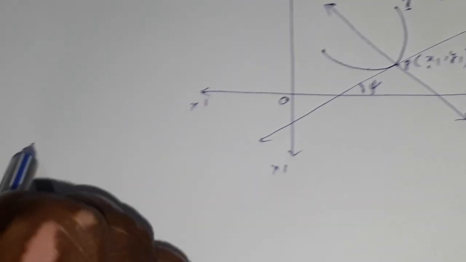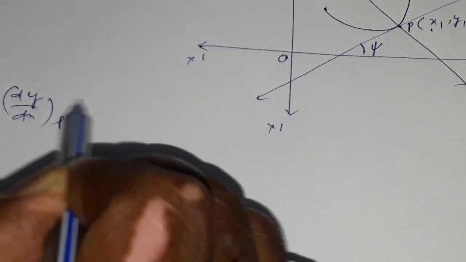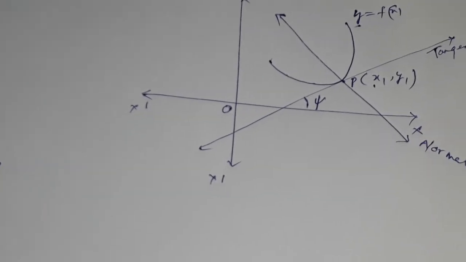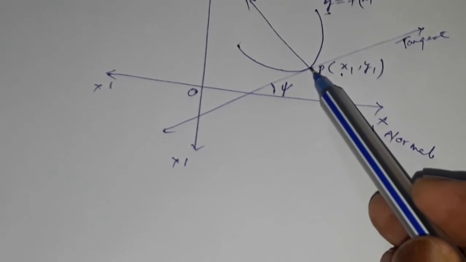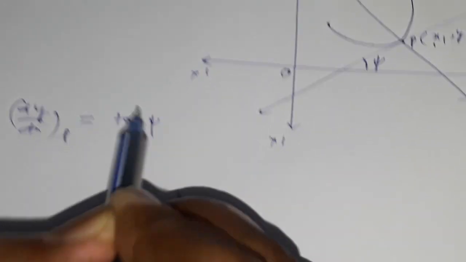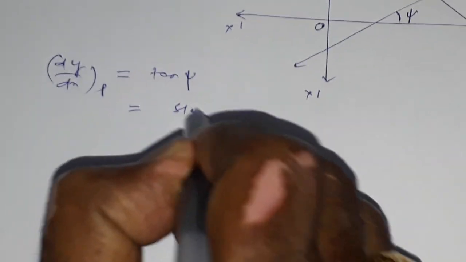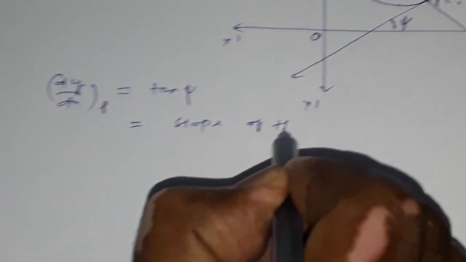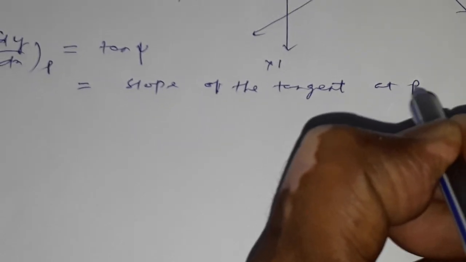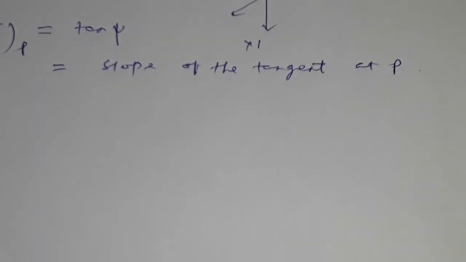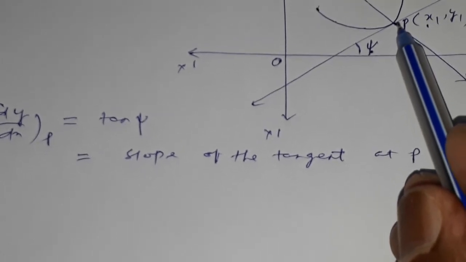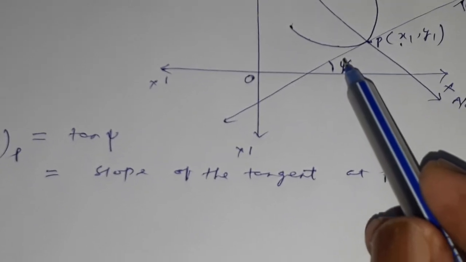Then dy/dx at P is the slope of the tangent to the curve y equals f(x) at point P. That is, dy/dx at P equals tan psi equals the slope of the tangent at P, where psi is the angle which the tangent at P(x1, y1) makes with the positive direction of the x-axis.